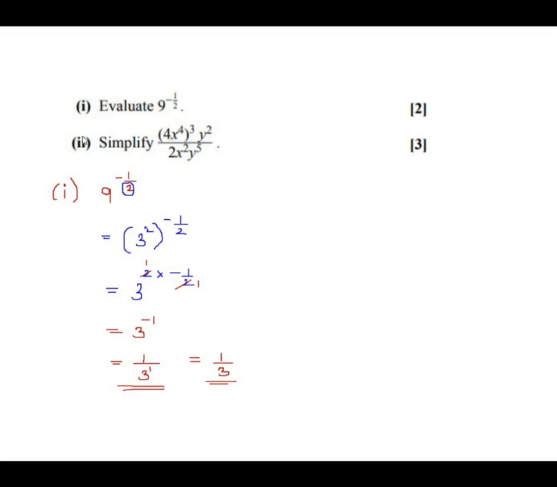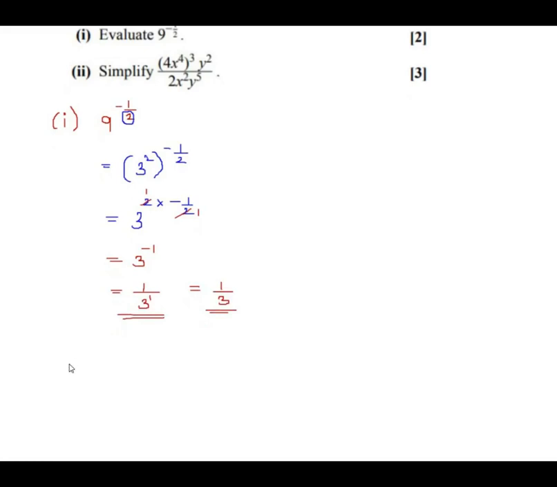Now let us look at the second example. Simplify. Let me write down the question. Simplify (4x to the power of 4 y squared) raised to 3, divided by (2 times x to the power of 3 times y to the power of 5). As you can see, there are brackets. It means we have to distribute this 3 to 4 as well as x to the power of 4.